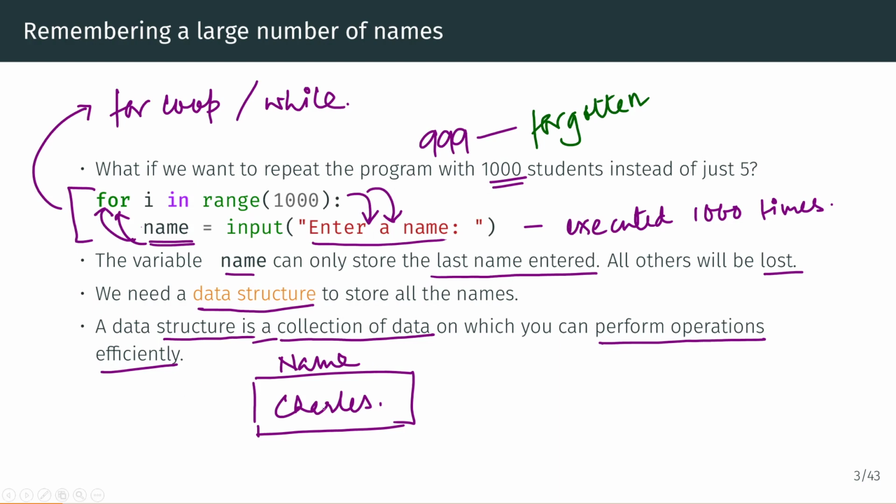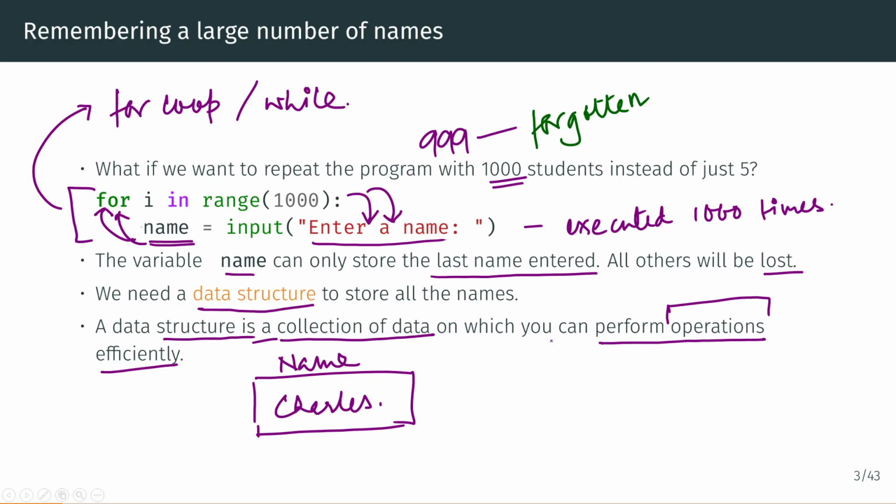Now there are different data structures. In fact, there is an entire course that you will go through to learn the different types of data structures and so on. The different data structures are designed for different operations, so depending on the operations that you perform, the data structures would be different. But anyways, as I said, that is part of a different course.